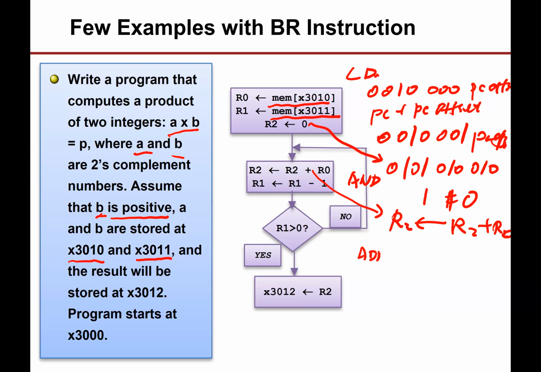So this is add: 0001, his destination is R2, 010, and then one source is 010, and the other source here is not immediate, so 00, and then the last 5 bits are R0, also 000, right?